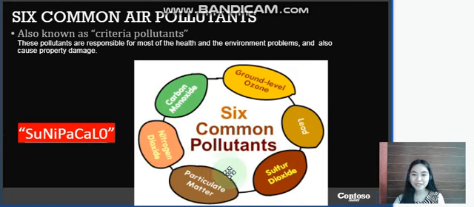Halimbawa, may exam na tayo para mas madali yung matandaan. SU for sulfur dioxide, NI for nitrogen dioxide, PA for particulate matter, KA for carbon monoxide, Lead for L, and O for ozone, or the bad ozone, or the ground level ozone.